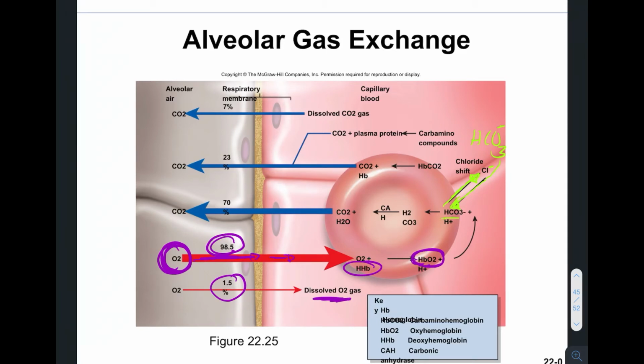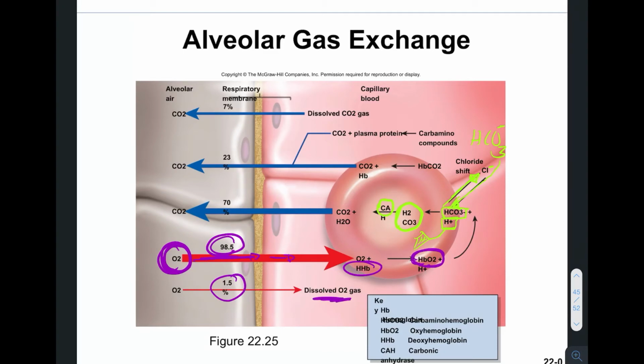So now that bicarb is inside the RBC, it's going to find the H+ that was attached to the hemoglobin, and it's going to grab that H+ and combine with it to give us our carbonic acid. And carbonic anhydrase is going to reverse this for us. This equation can go forwards and backwards. In this case, it's going backwards.